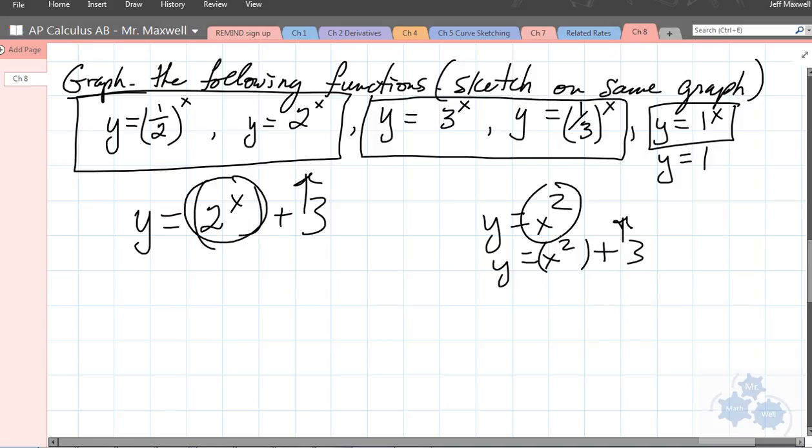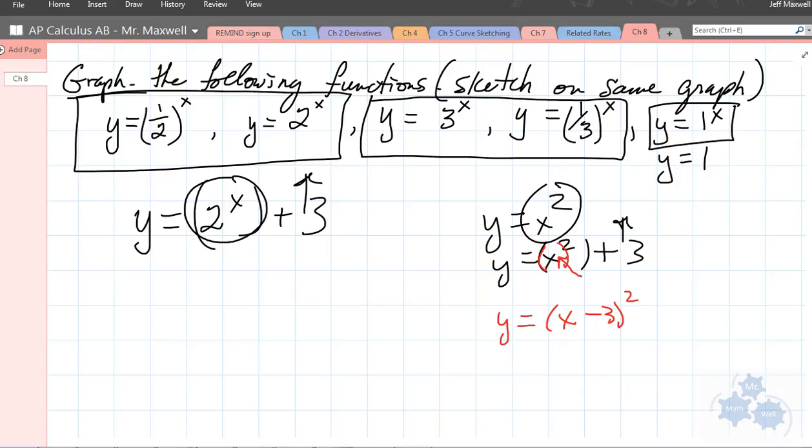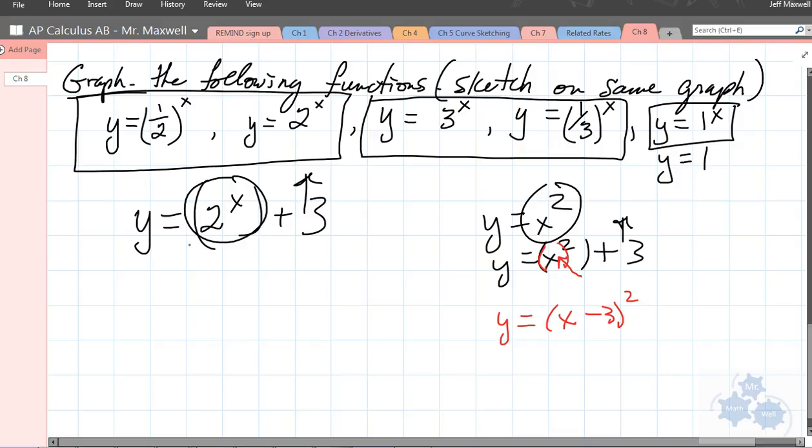Left and right movement, remember over here, left and right movement was when the change was in with the x right there. So y equals (x minus 3) squared. That's when we moved either left or right. Remember, this is a move towards the right 3 units. And so what would that look like with an exponential function, do you think?